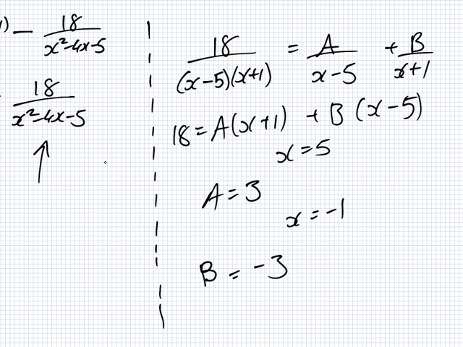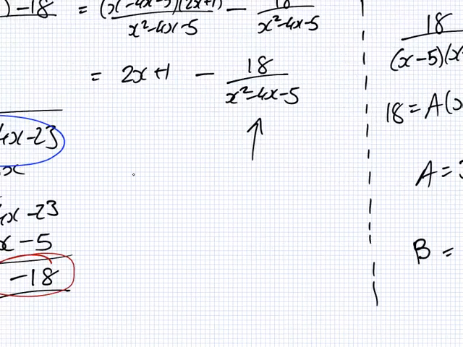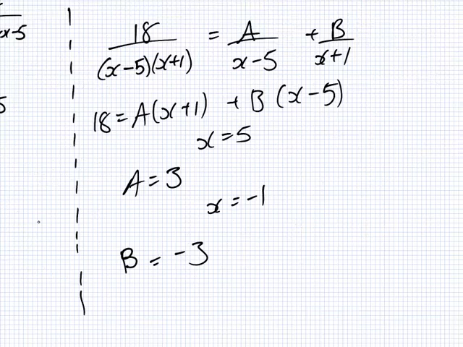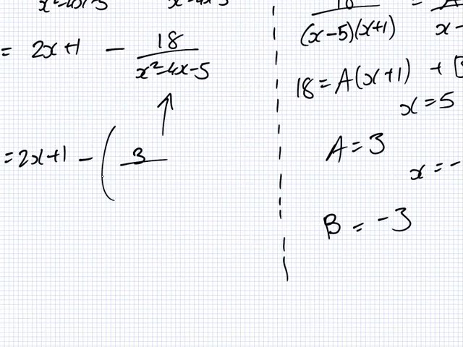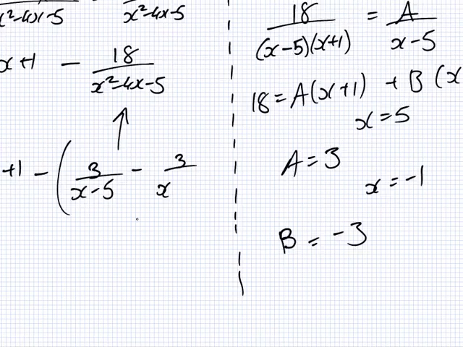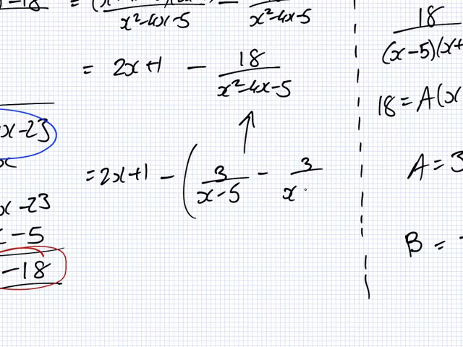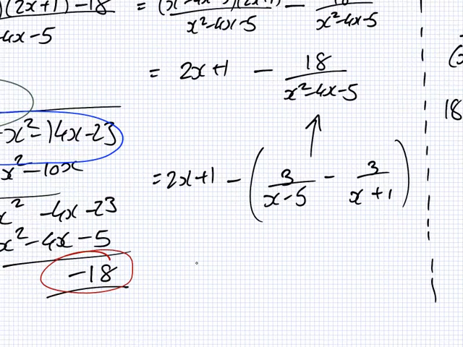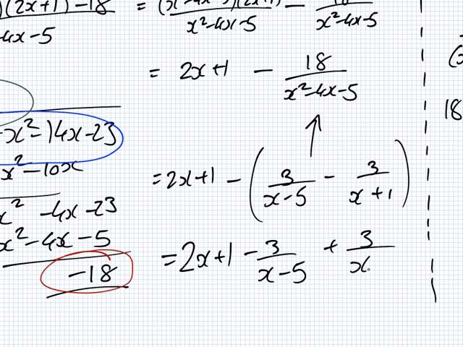So if I go back to my question, this equals 2x plus 1 minus 3 over x minus 5 minus 3 over x plus 1, wasn't it? So now my final answer is 2x plus 1 minus 3 over x minus 5 plus 3 over x plus 1.